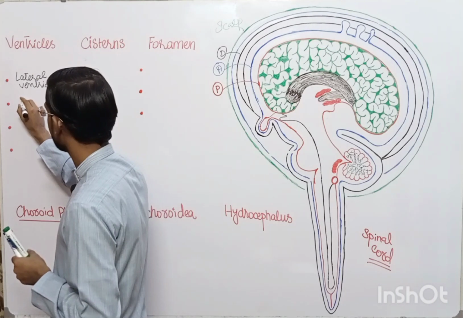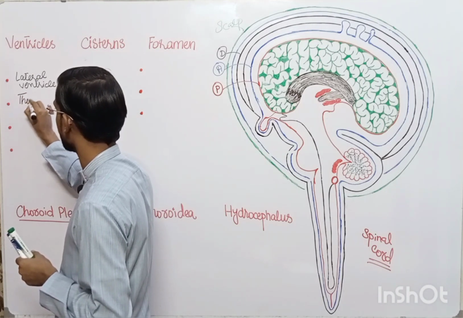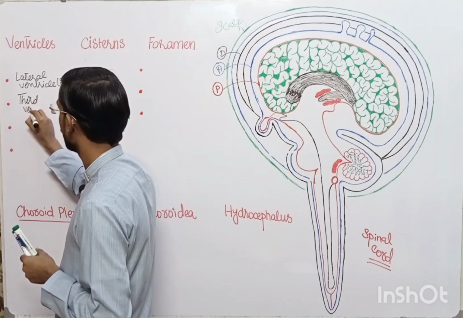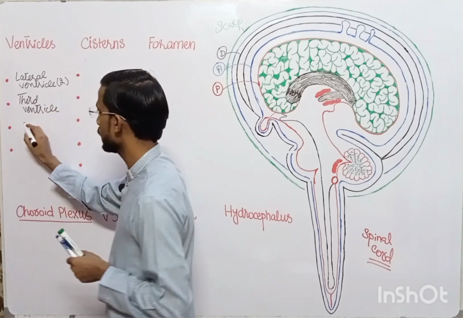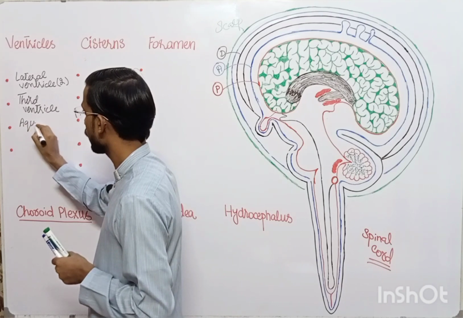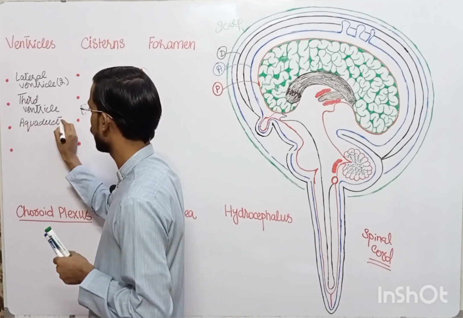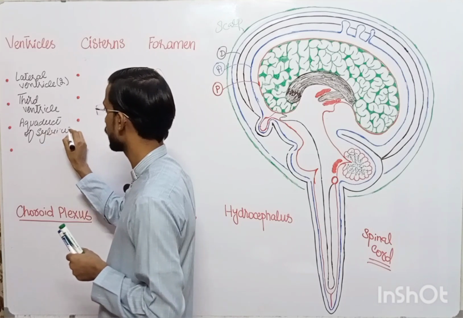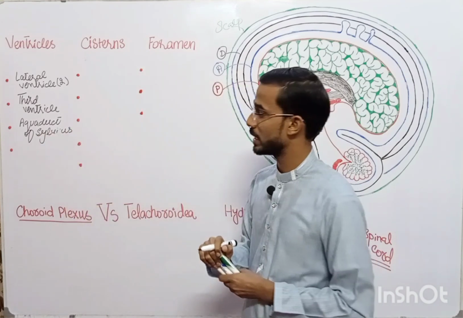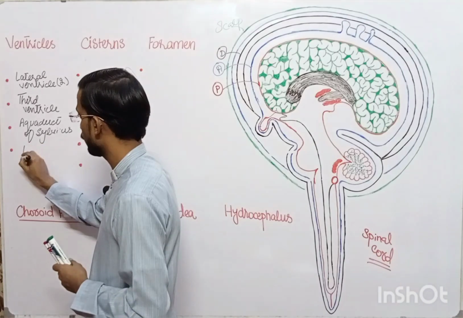Second one is the third ventricle, and third one is the aqueduct of Sylvius, and last ventricle is the fourth ventricle.